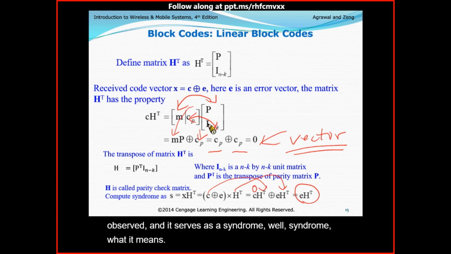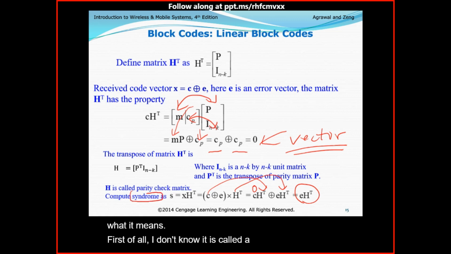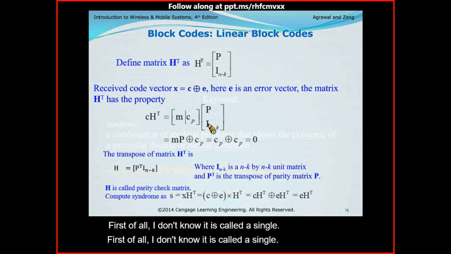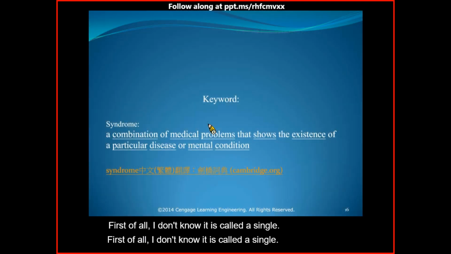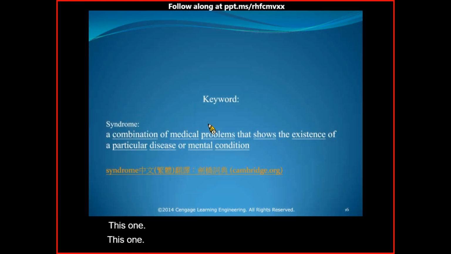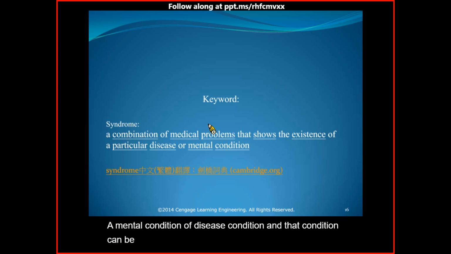First of all, I don't know why it is called a syndrome. Something like this is a mental condition or disease condition, and that condition can be found, and then maybe you find some problem.